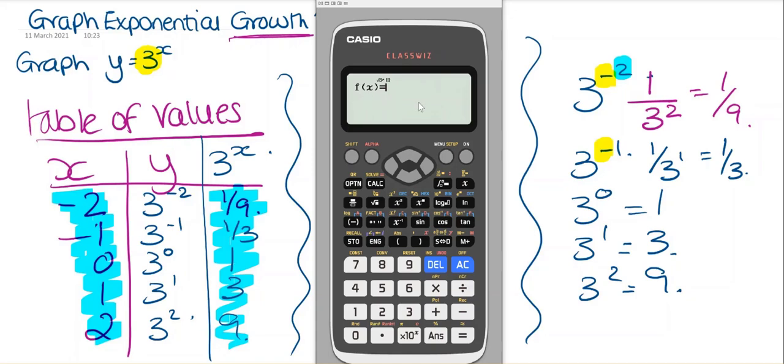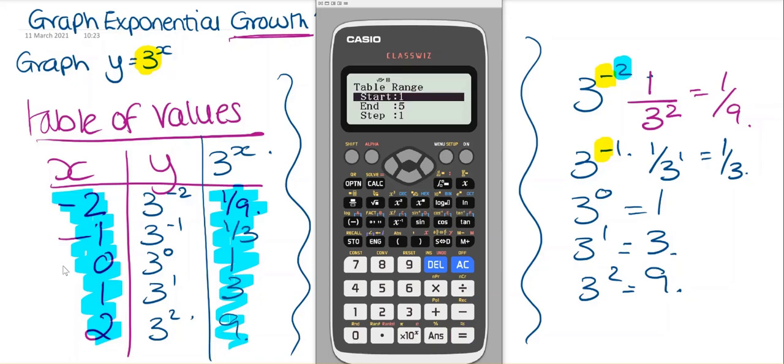Now, if you're not using one of these calculators, on one of the old Casio, this button here will say mode, and you can choose the option for table. So we'll bring up f of x, and we need to put in our function, which is 3 to the power of x. So 3, and then I'm going to go to the x button here. To use the x, I'm going to press alpha, and then my bracket, because there's an x above the bracket. So press equals. G of x I'm not using, so I'm just going to keep that as 1.